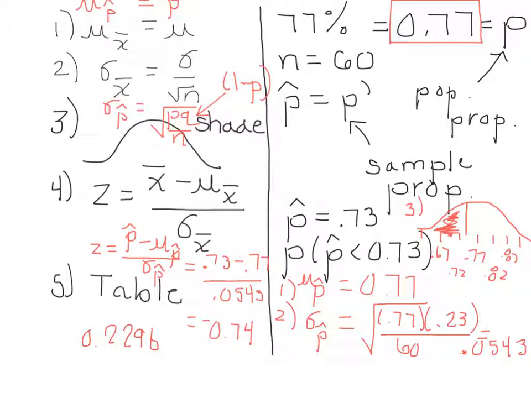So if I take a sample of 60 individuals from this population of women who have had this transplant, and I calculate the proportion who survive for at least 3 years, there's about a 22.96% chance that less than 73% will survive for at least 3 years.